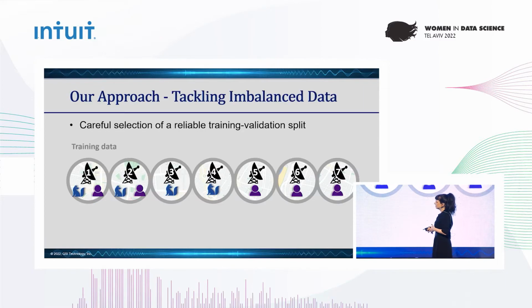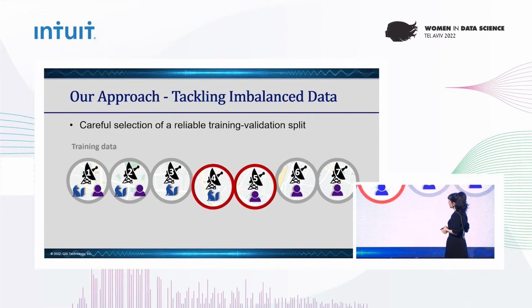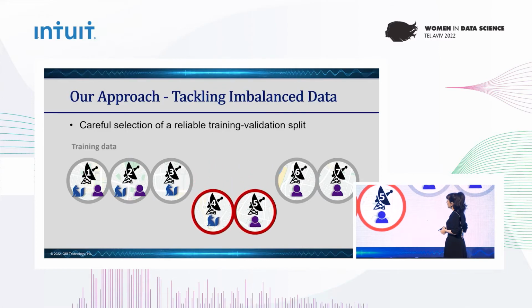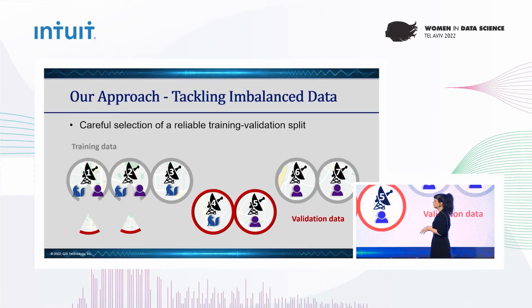So first, to monitor the training without overfitting, a careful selection of a reliable training validation split was required. So the samples from two locations, one of humans only and one of animals only, were withheld entirely from the training set, along with a short set of samples from the balance sensors, completing the validation split.